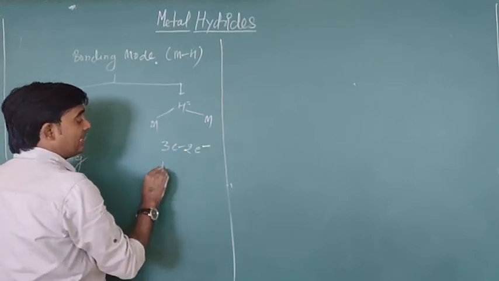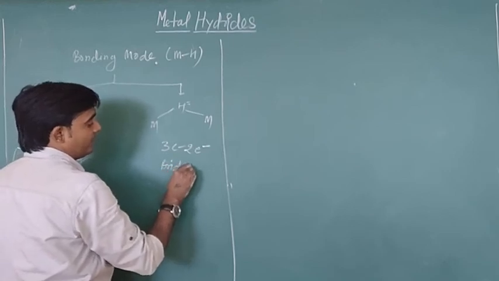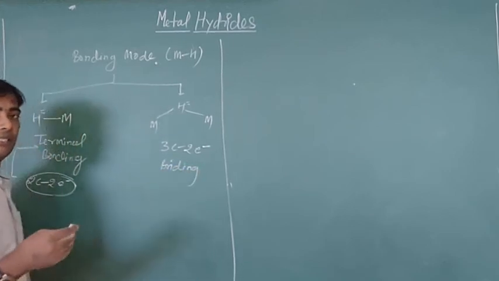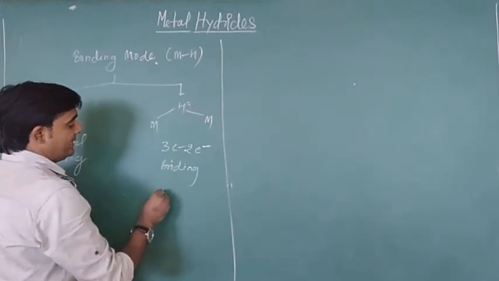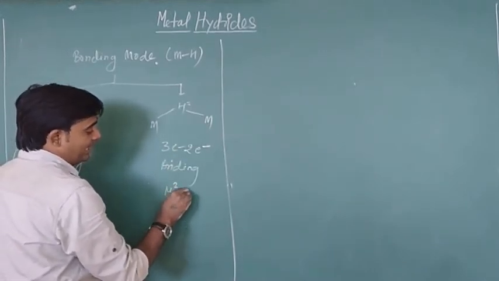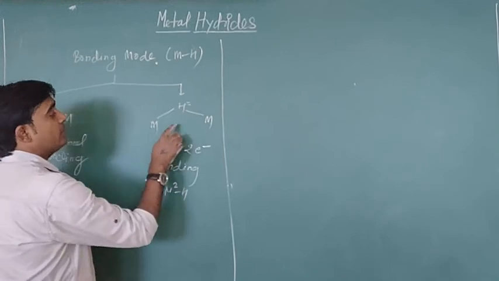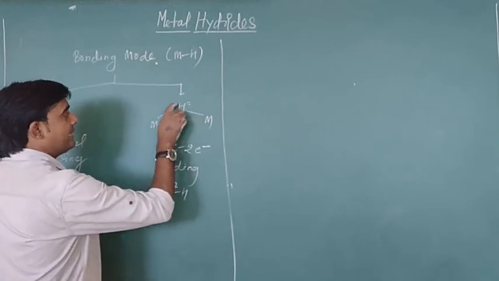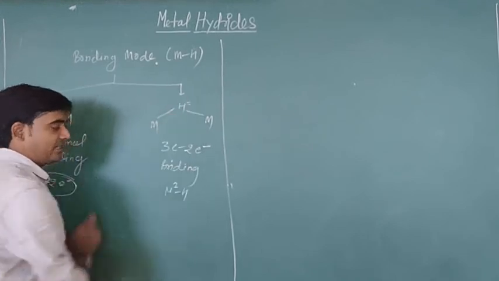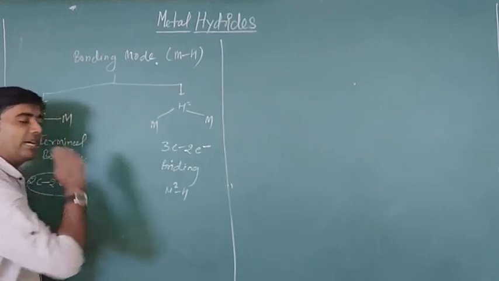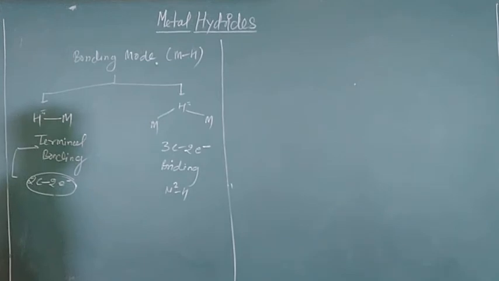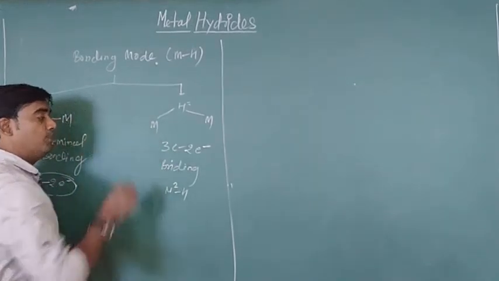This bonding is known as bridging bonding, and you can represent it as mu2 hydrogen bonding, because mu2 means the hydride is attached to 2 metals.